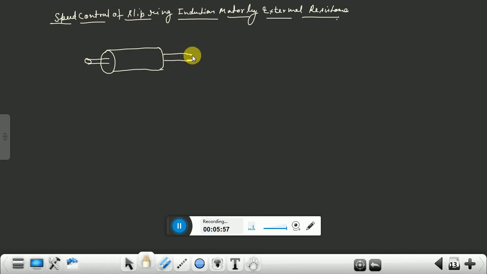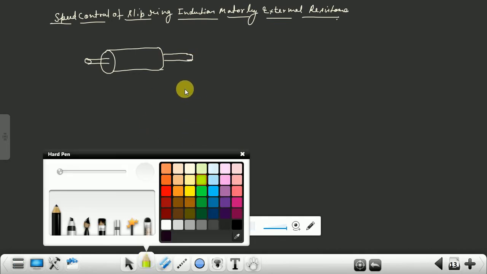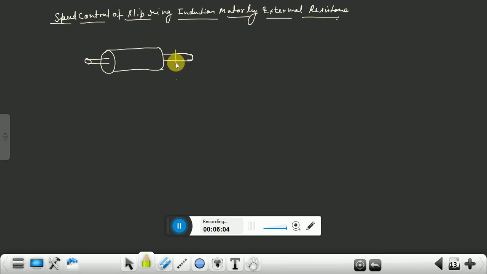In this shaft we have slip rings, and the slip rings are connected with the windings.